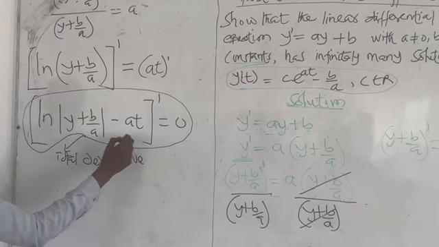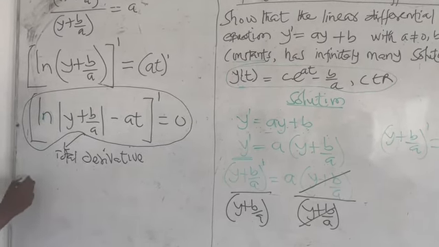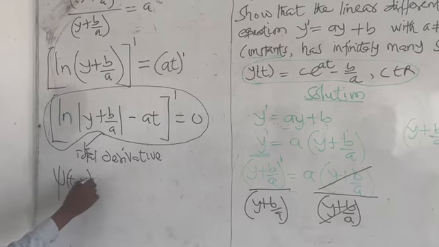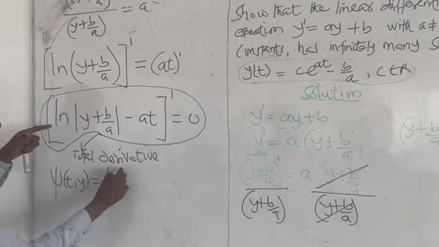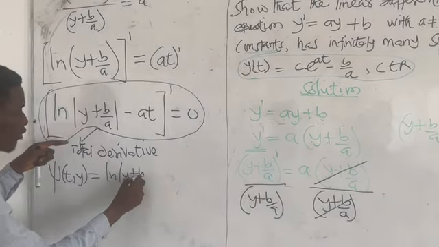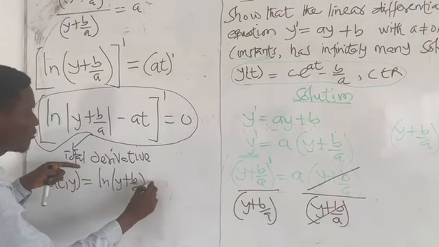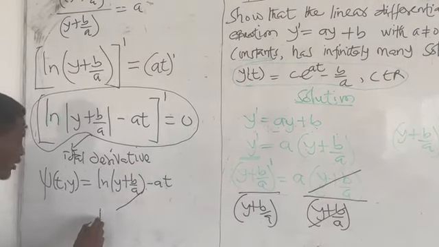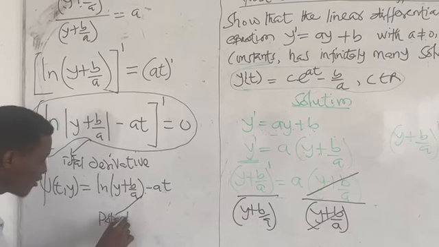The expression psi of t, y equal to ln of y plus b over a minus at is called the potential function.